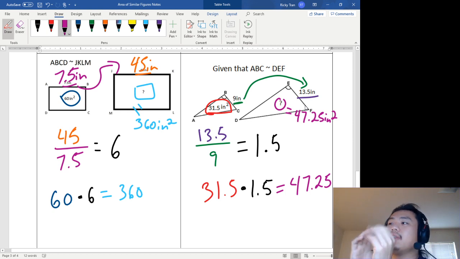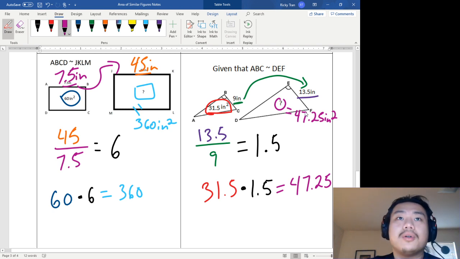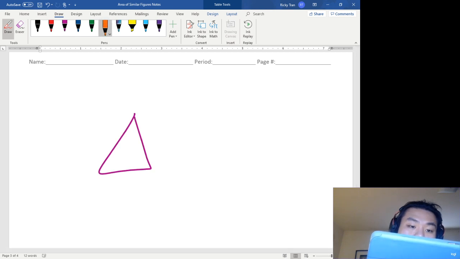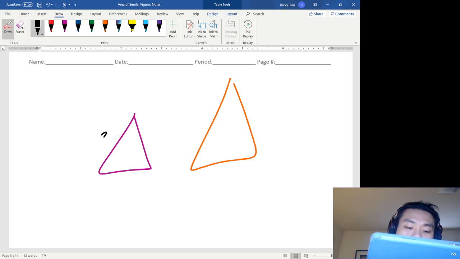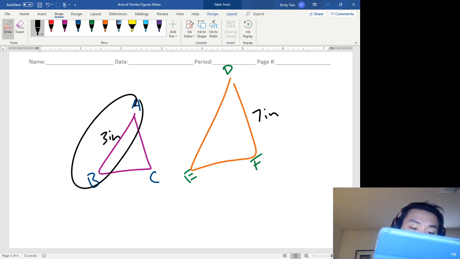All right, so I'm going to do a quick example here. Say I had a triangle here and a triangle here. If I gave you that this was 3 inches long and this was 7 inches long, this is A, B, C, and then here it's D, E, F. This side has to match with this side here, and vice versa.